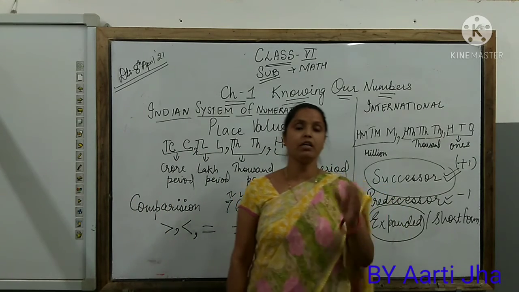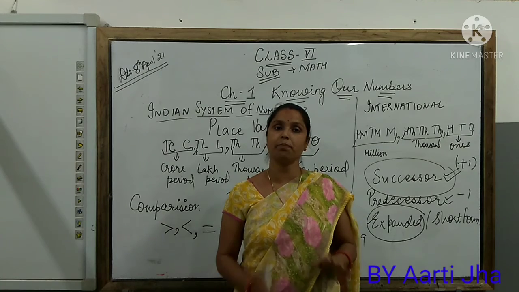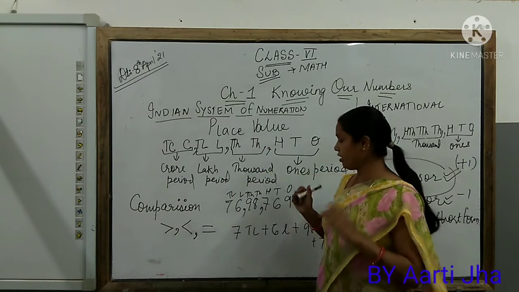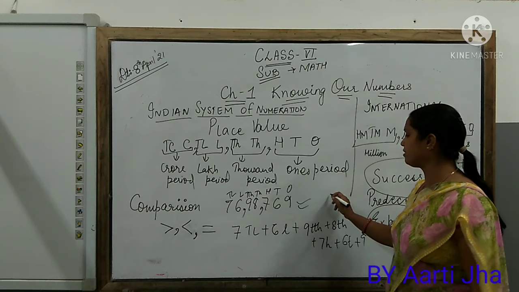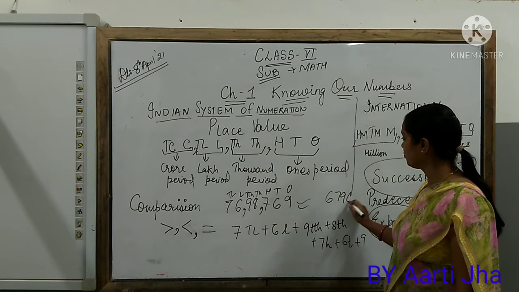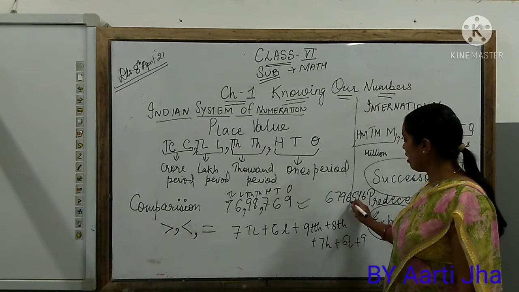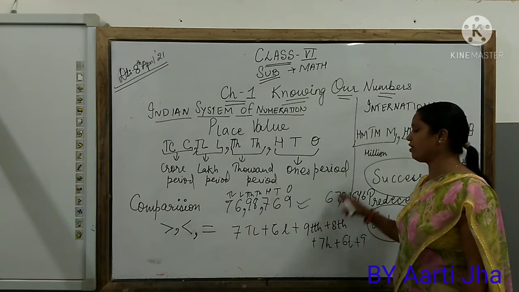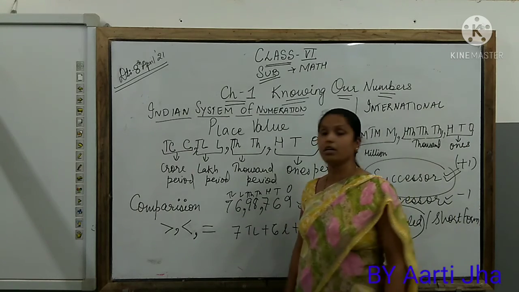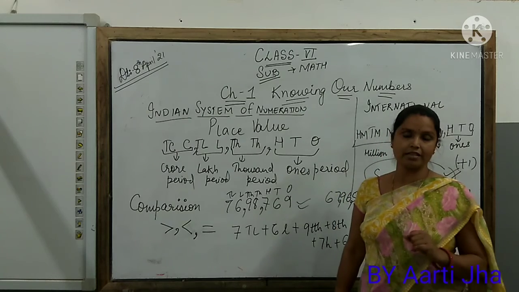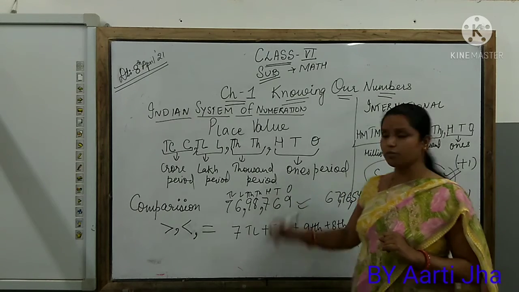Okay, you will be comparing the place values, the digits. For example, if I give you this number and let us have one more number here. This is 67 lakh. Here I am having 76 lakh. Which one is bigger? 76 lakh is bigger. So that means this is my bigger number.